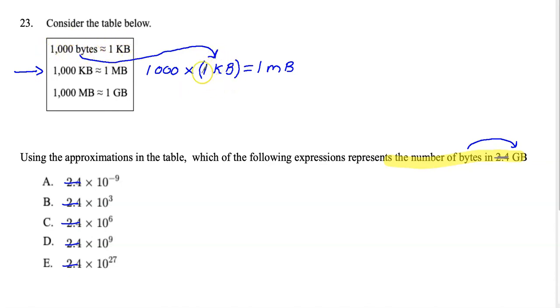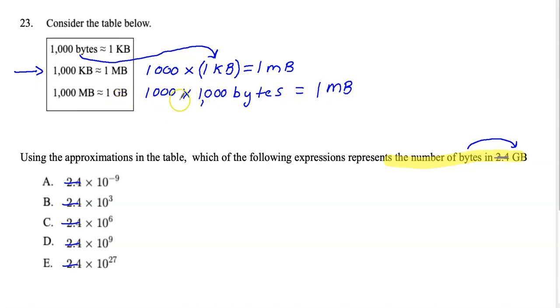So I'm replacing this 1 kilobyte with this. So watch how I do that. 1,000 times, replace this with 1,000 bytes from right here. Make sure you write this word bytes in there. That's going to equal 1 megabyte.